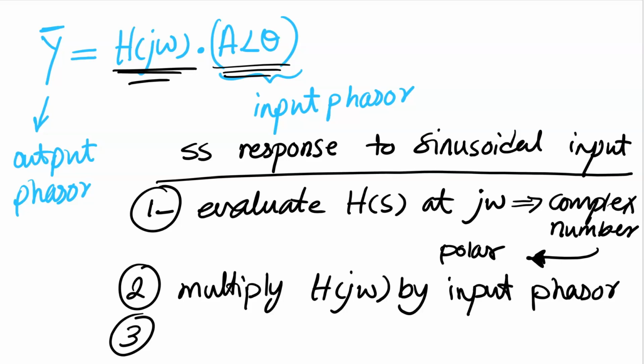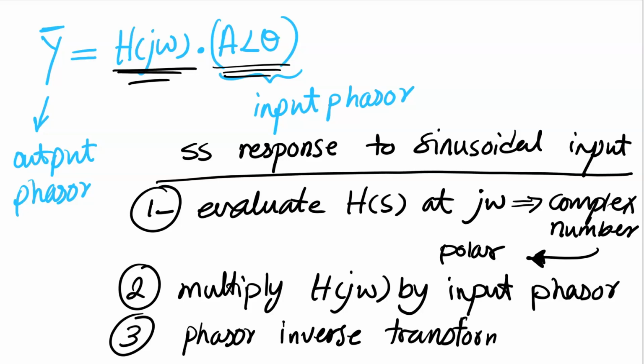The last step is that you have to apply a phasor inverse transform to find the steady state response of your circuit to a sinusoidal input. So these are 3 steps that you have to follow, and I'm going to show you these 3 steps in an example in the next lecture.